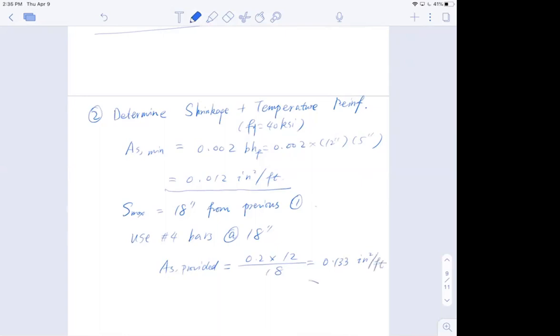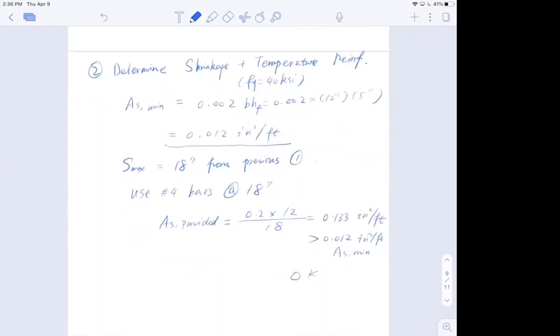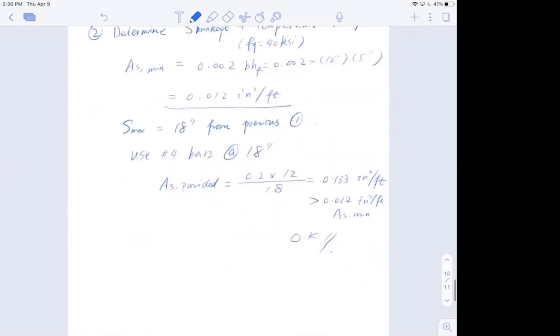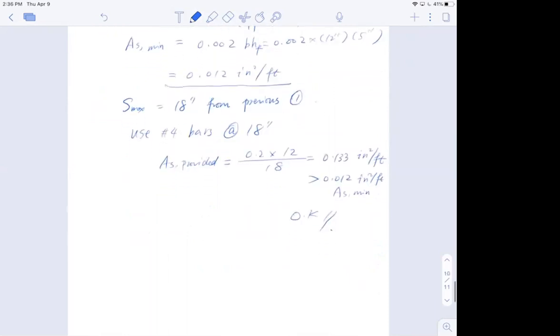And this number is bigger than 0.012 inch squared per foot, which is As min. So we're okay. So for the shrinkage and temperature reinforcement, we use number 4 bars at 18 inches.